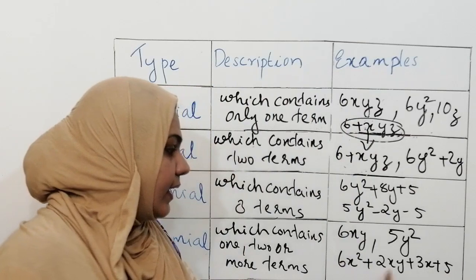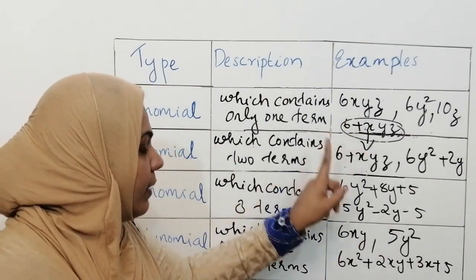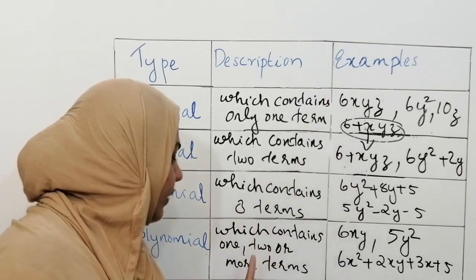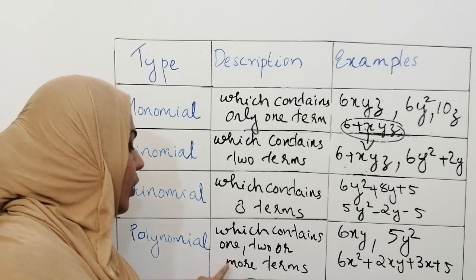So here you can see more than three terms. So this expression is called polynomial. Actually monomial, binomial, trinomial, all these together we call polynomial. So polynomial means it contains 1, 2 or more terms.